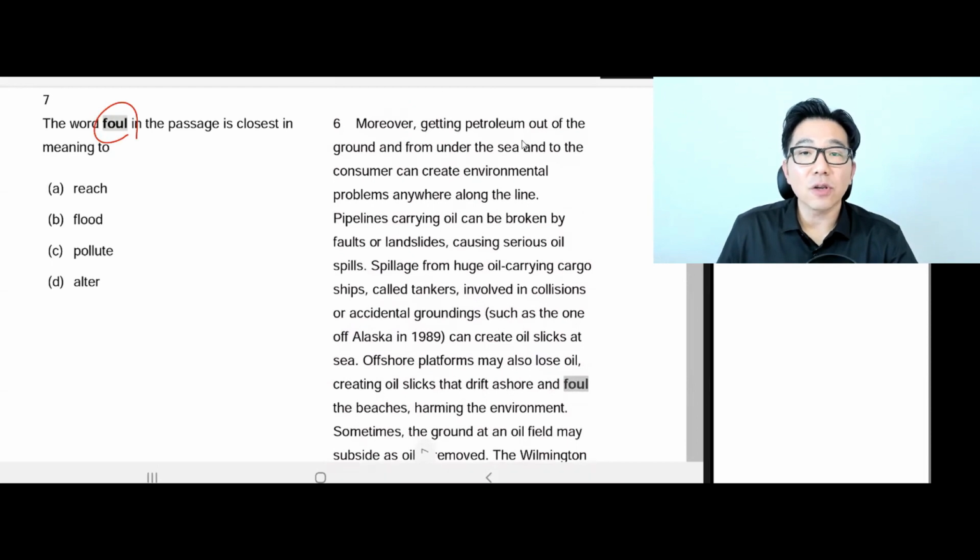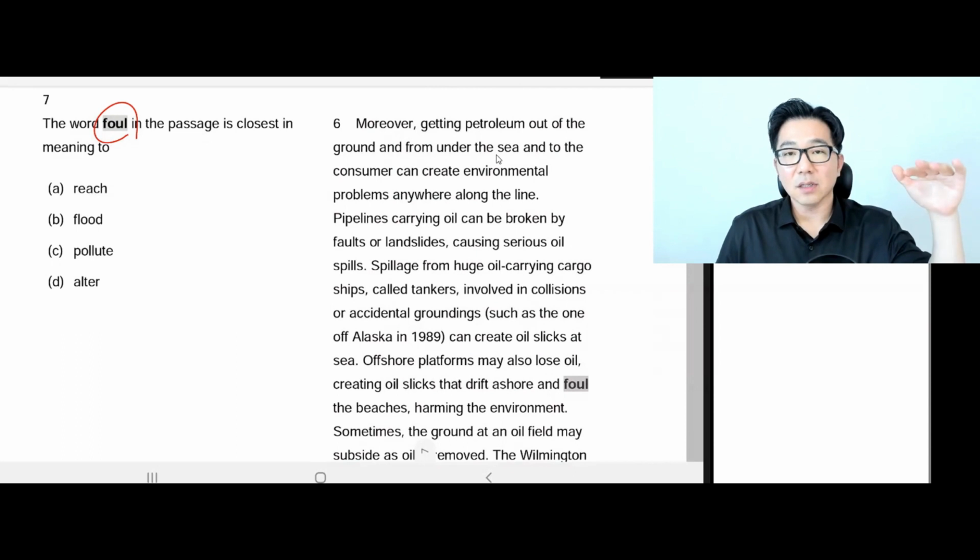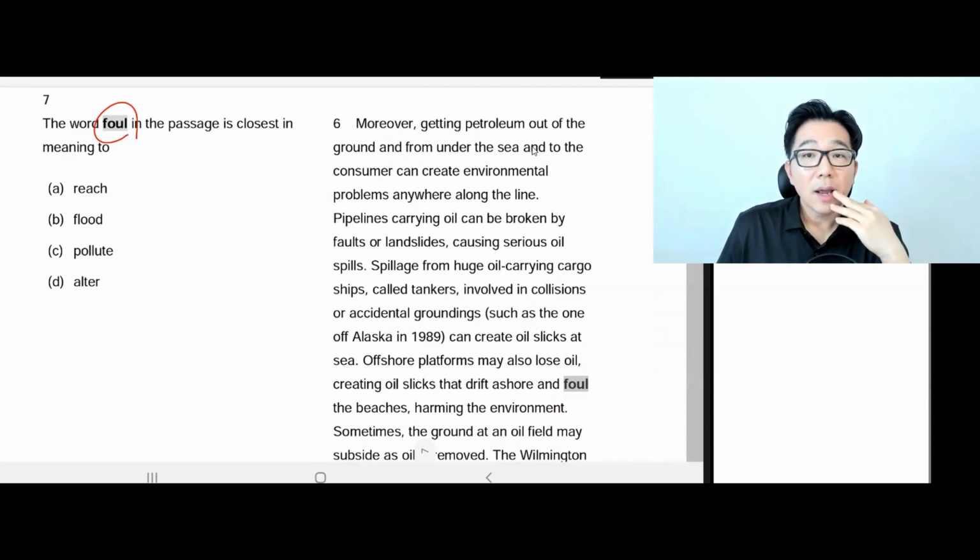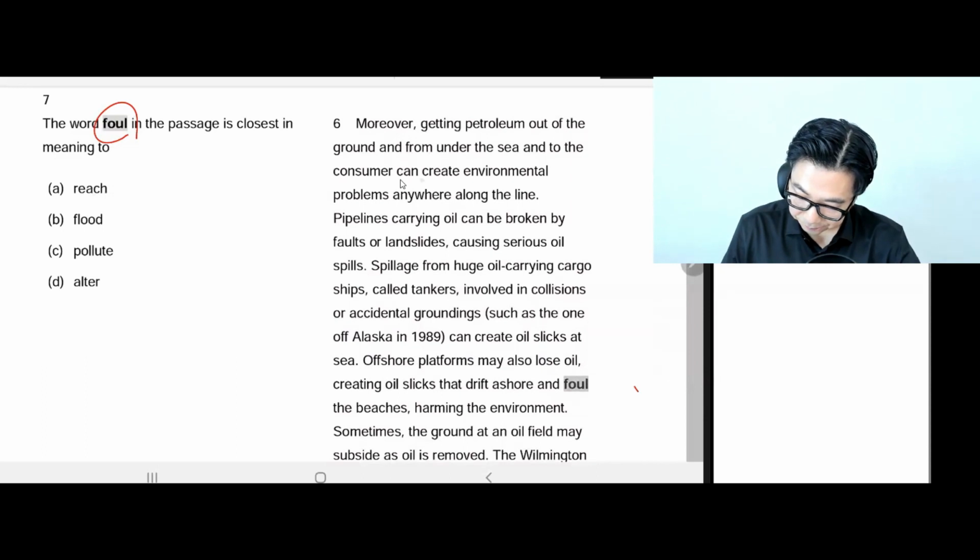Moreover, getting petroleum out of the ground and from under the sea, so whether it's under the land or offshore, and to the consumer, can create environmental problems anywhere along the line.